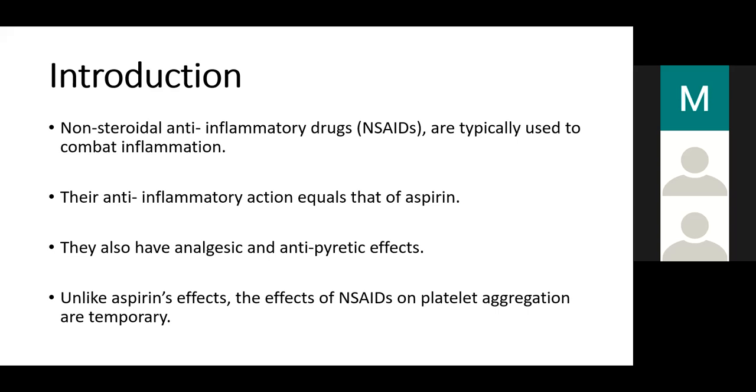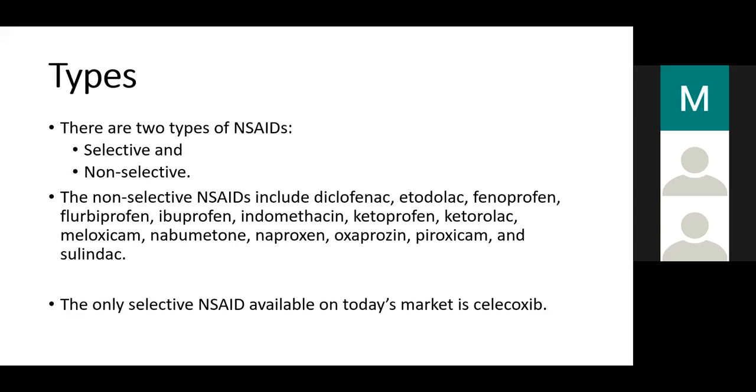But unlike aspirin, there's nothing like a permanent platelet aggregation effect. That effect is temporary. So when you look at NSAIDs, there are two types. You have the selective and non-selective. The non-selective NSAIDs are what we commonly have on the market: diclofenac, etodolac, brufen, indomethacin, naproxen, piroxicam.